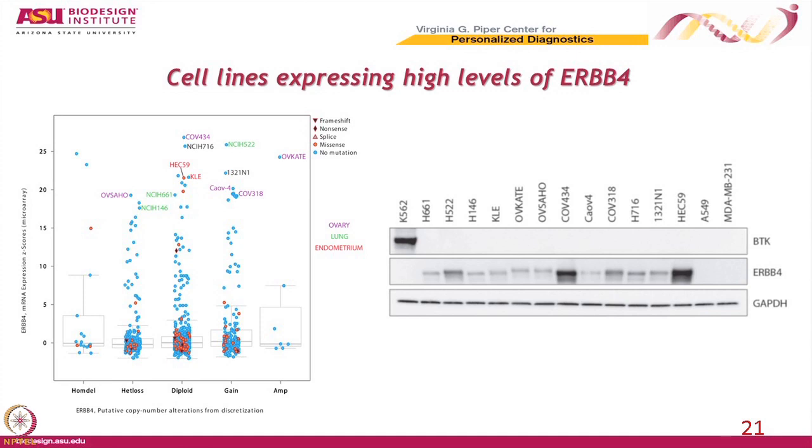So here we show, here's our positive control that has BTK. All of these cell lines have no BTK. So that, we've taken care of that. That's not going to be a confounder. And then all of them have varying levels of ErbB4. So the protein is definitely present. And then this is just a loading control.